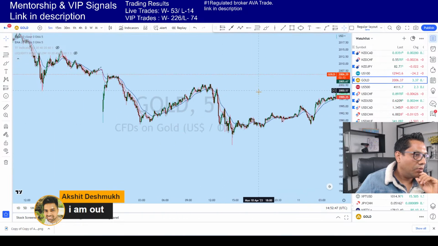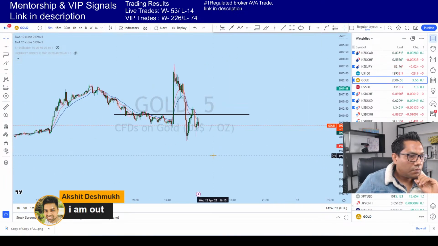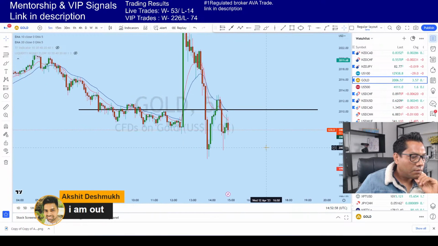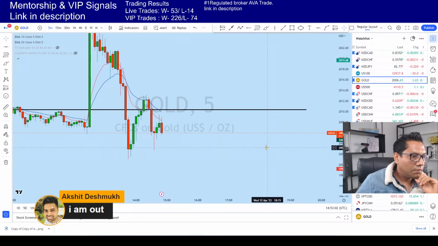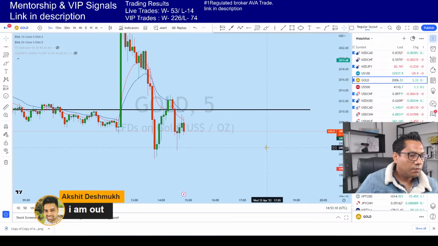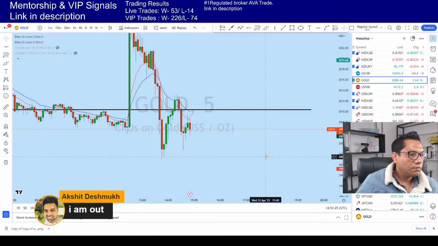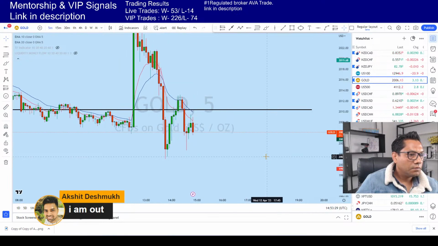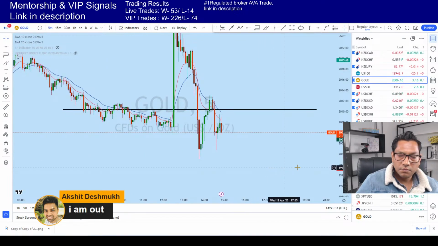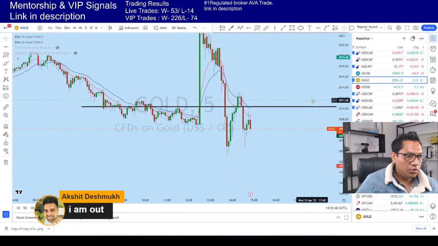You see this kind of liquidity graph. This candle is super important on gold.